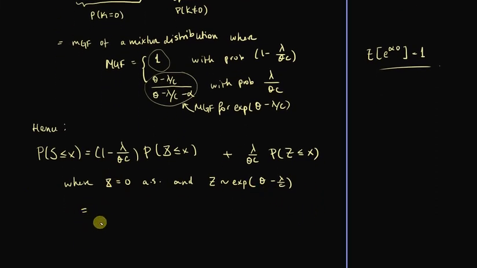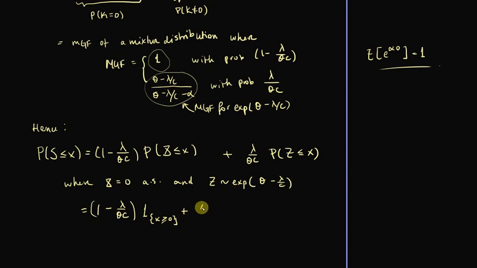And if you want to write that up a little more nicely, then what you just get is that the probability that S is smaller than or equal to x is given as 1 minus lambda divided by theta c, where since X is equal to 0 almost surely, this probability is just always equal to 1 as long as little x is greater than or equal to 0.